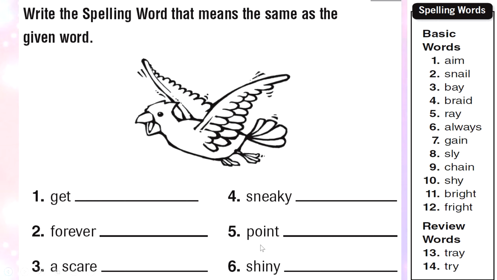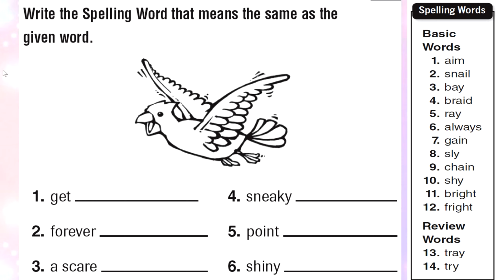To point a weapon at a certain target. 7. Shiny. If you think they are a bit hard for you, please replay the video because all of these words, all of these meanings are included in the explanation that you had before. Take your time to get the answers, then check the answers with me.